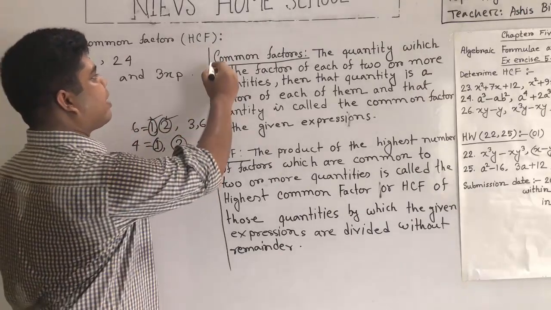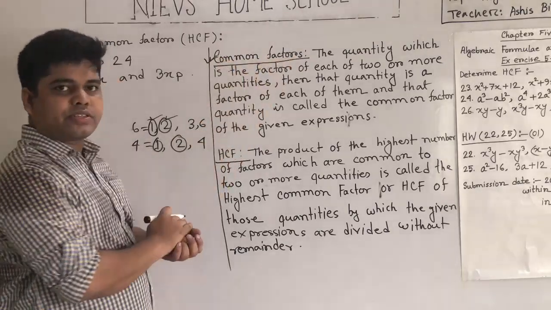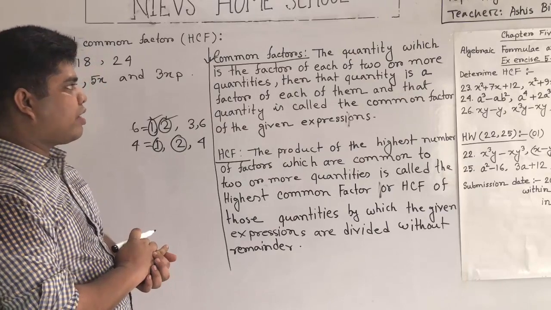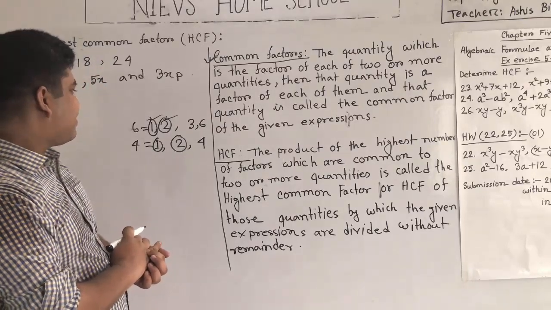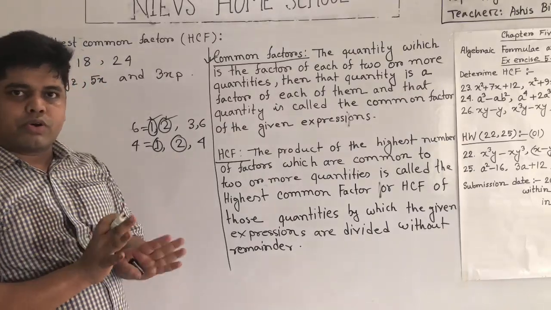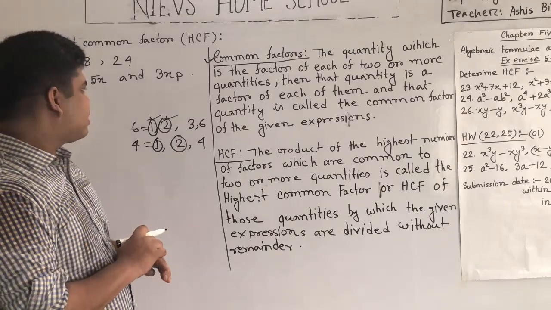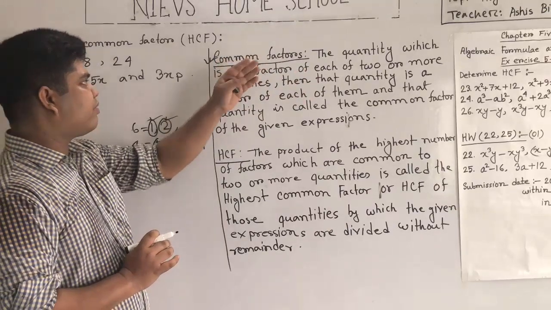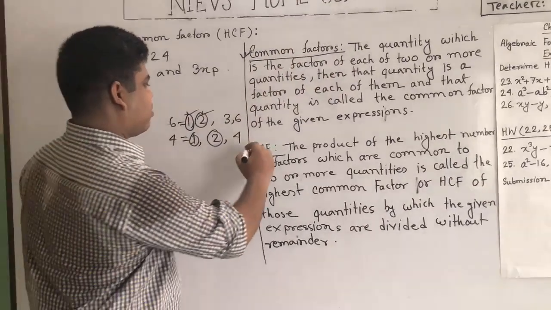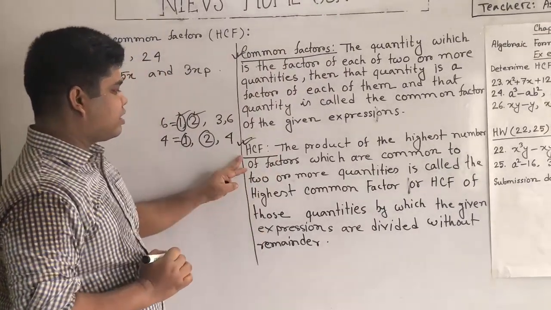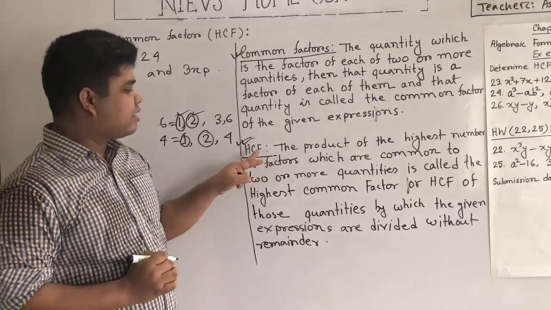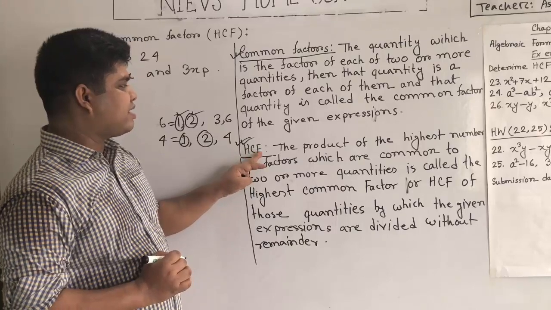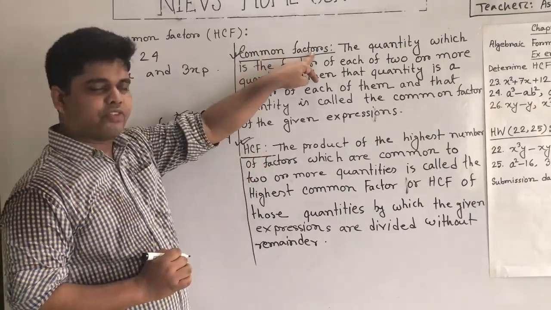I hope you have understood what common factors are. The quantities which are present in two or more numbers are called common factors. Next, we want to know the definition of HCF. To know the definition of HCF, it is very important to know the common factors.